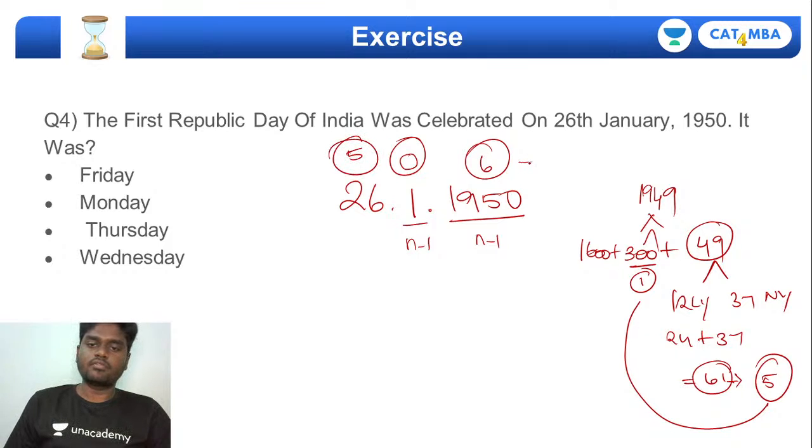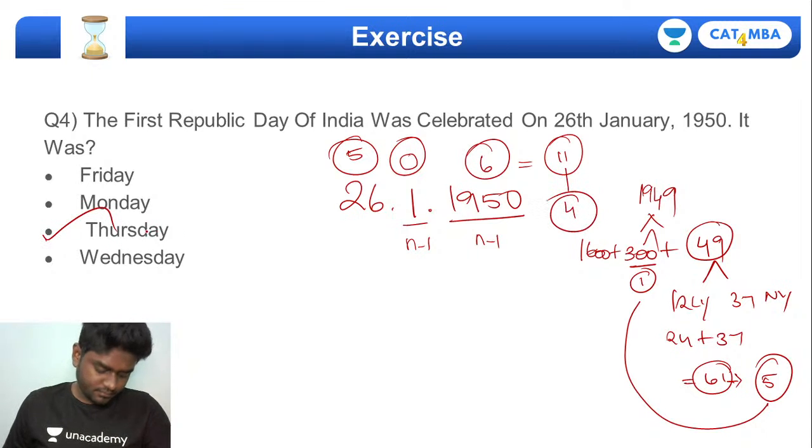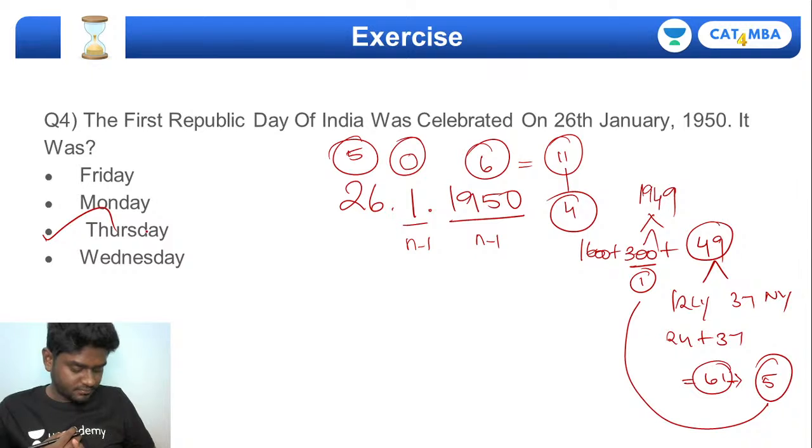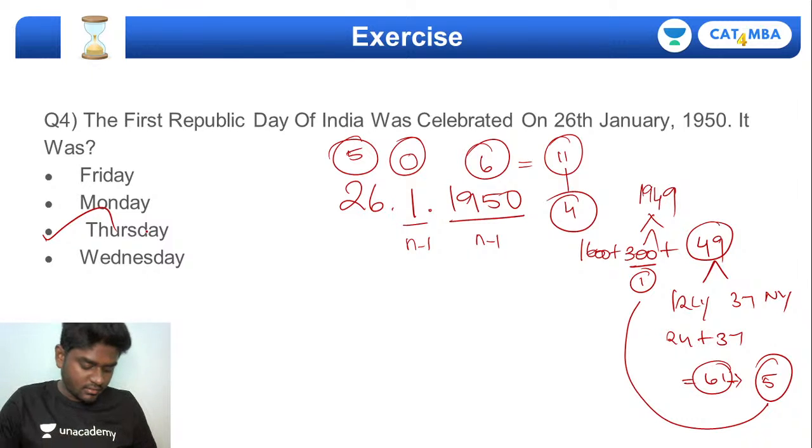So if you count the number of odd days, you'll get 11. 11 odd days means it will be ultimately 4. 4 means it will ultimately be Thursday. Did you get this, everybody? The exact answer for the fourth question is Thursday. You're getting this trick.